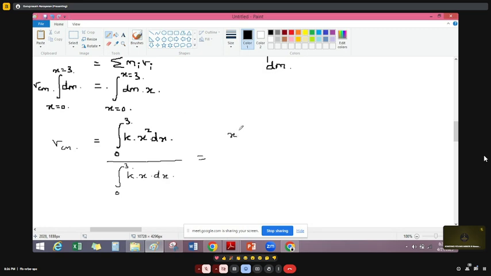So if I integrate this, I'll get x cubed by 3 over x squared by 2, from 0 to 3. This will become 1 by 3, 3 cubed minus 0. For your benefit, I'm just showing all the steps. Otherwise, you can skip some of the steps.